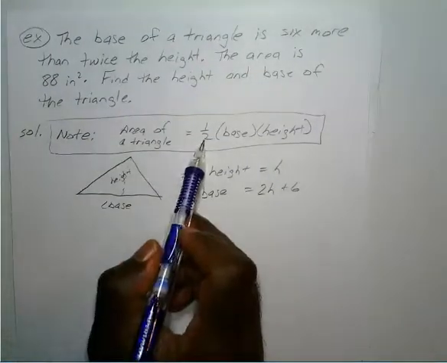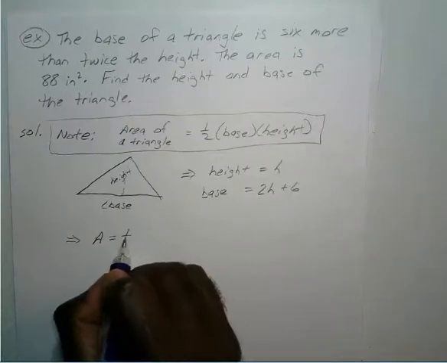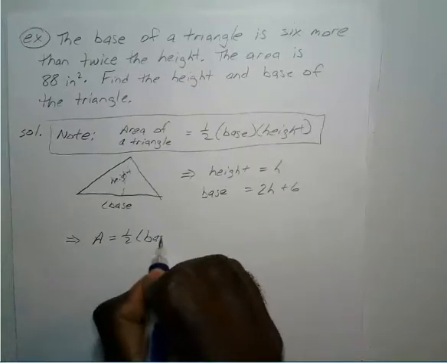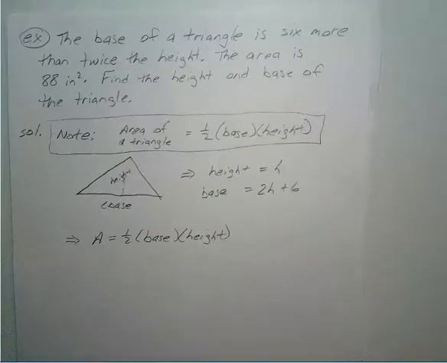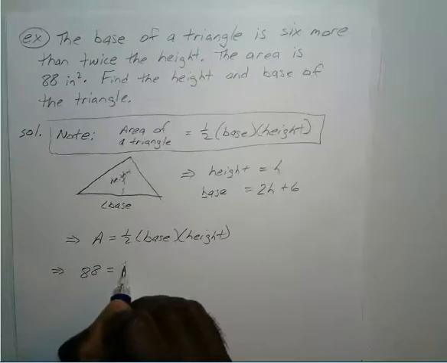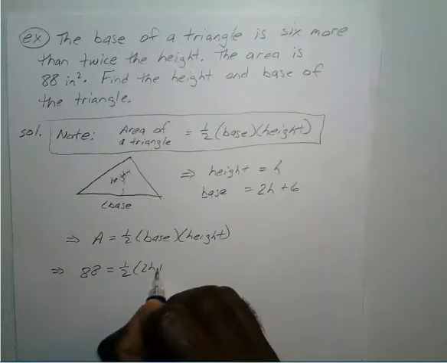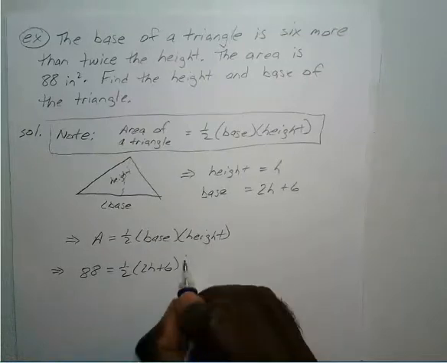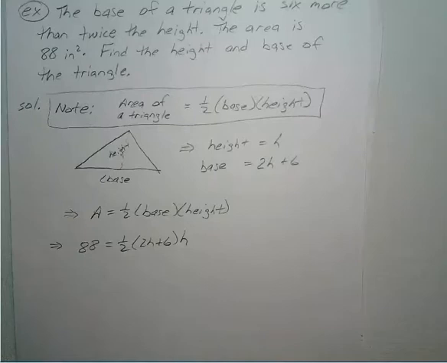Okay, so if we use our formula here, area equals 1/2 times the base times the height. We plug everything in because we're given that our area is 88 square inches. So that's 88 equals 1/2 times the base, which is 2h plus 6, times the height, which is h. So we just plugged everything in.